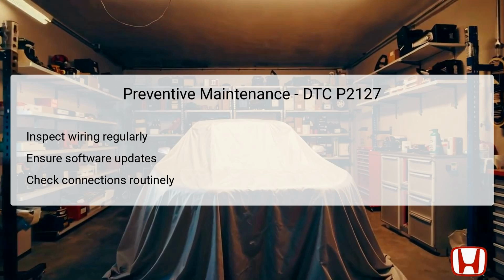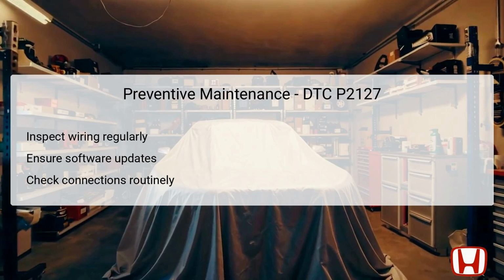Preventive maintenance is essential to keep a vehicle in optimal condition and to avoid future issues related to DTC P2127. Regularly inspecting wiring and connectors associated with the APP sensor and ECM can prevent low-voltage problems caused by wear and corrosion.